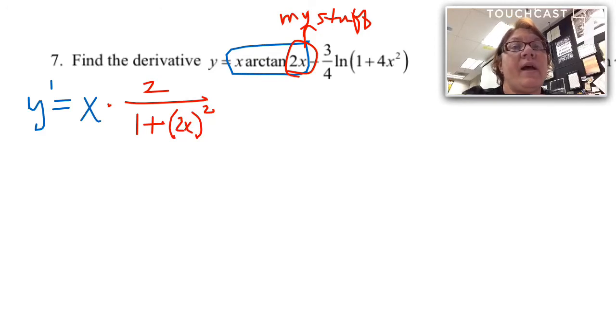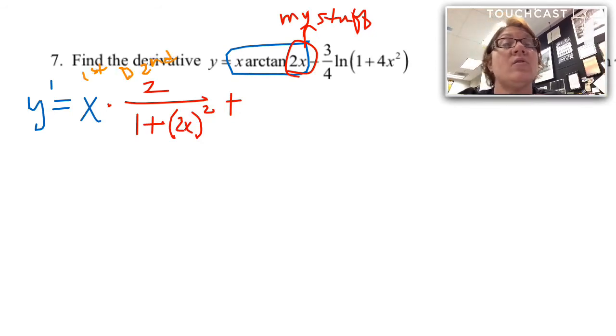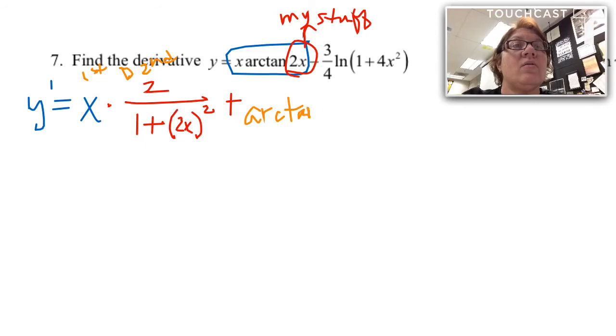And then I'm going to have to add, so remember this was first, and then derivative of the second. And now I've got to do second, so second will be arc tan 2x times derivative of the first, which would be 1.